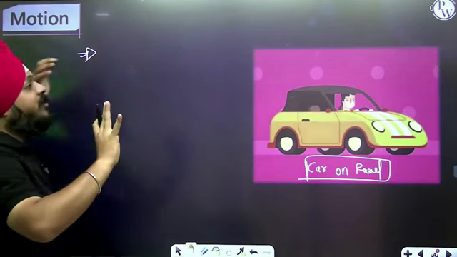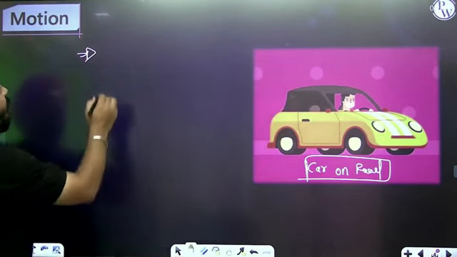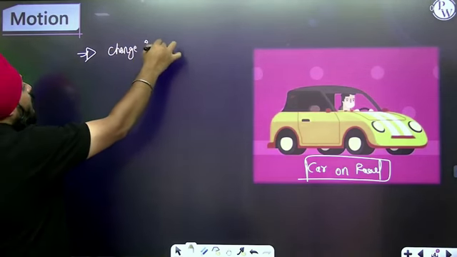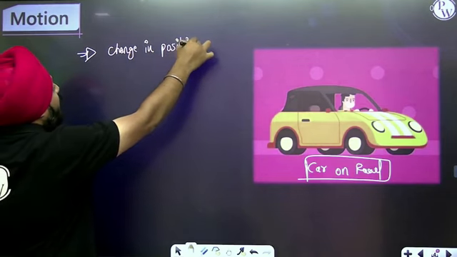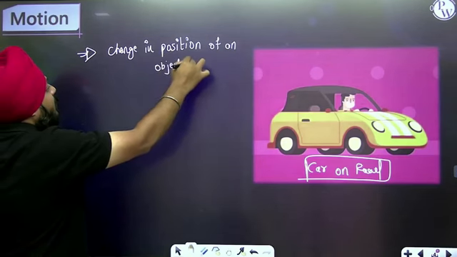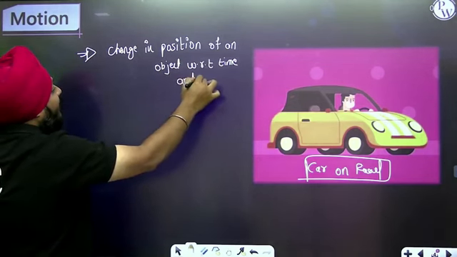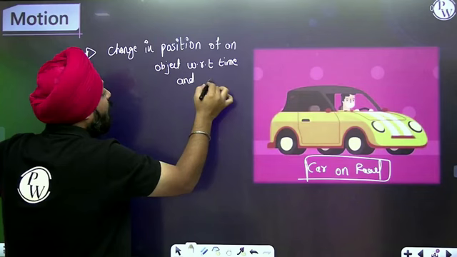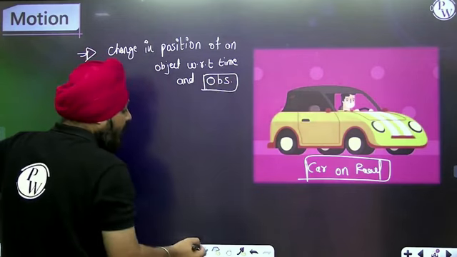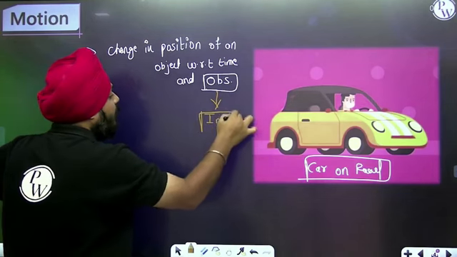But if we want to define motion in generalized form, from the kinematics point of view, then we can say it is the change in position of an object with respect to time. Actually the word observer or surrounding should come, but I am saying observer because this holds the most prominent position.